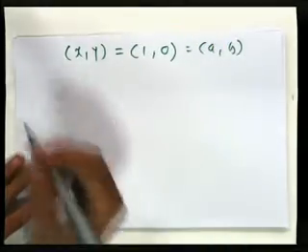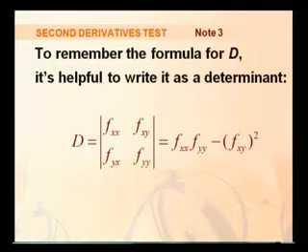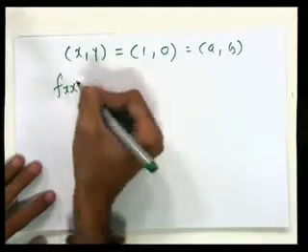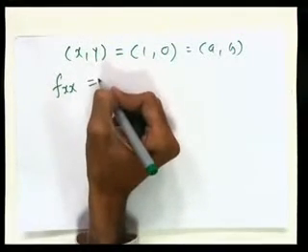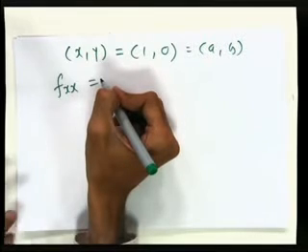Okay, so now if we look at the PPT, here we need to find D is equal to fxx fyy minus fxy whole square. So now fxx: we have the partial derivative with respect to x is equal to 2x minus 2y minus 2.